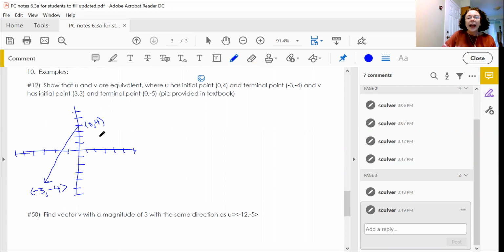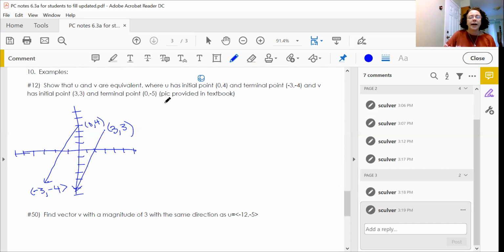Here we go. And the other vector has the initial point 3, 3, so right here, and a terminal point of 0, -5. Okay, so when you see these vectors in the book, well, I didn't do that bad. They appear to have the same magnitude and direction, okay?